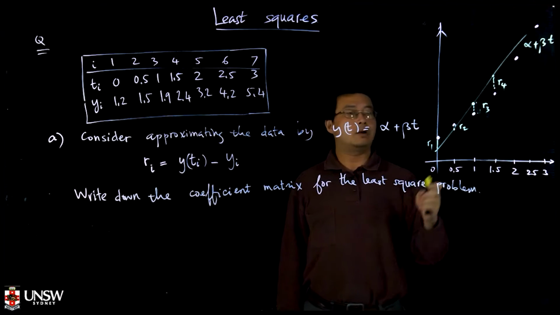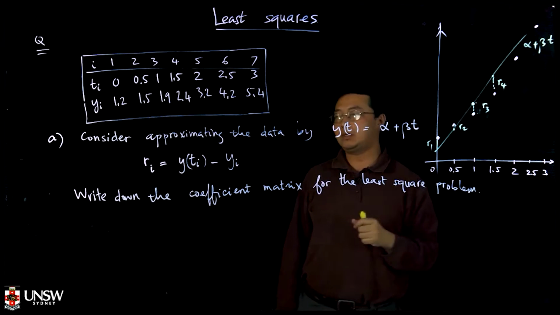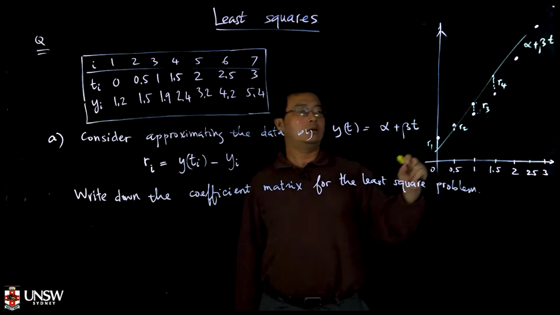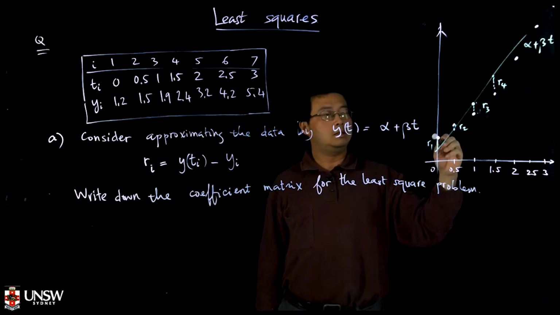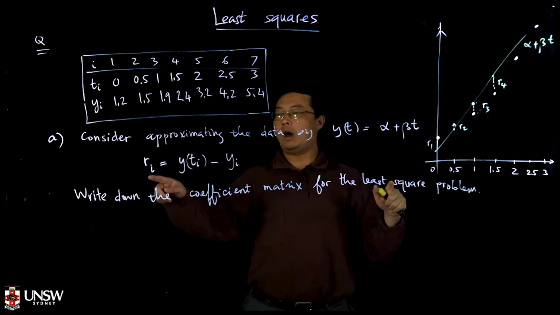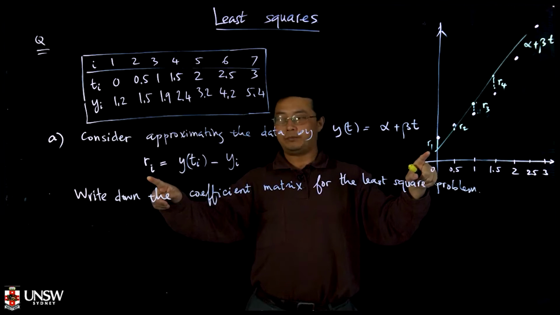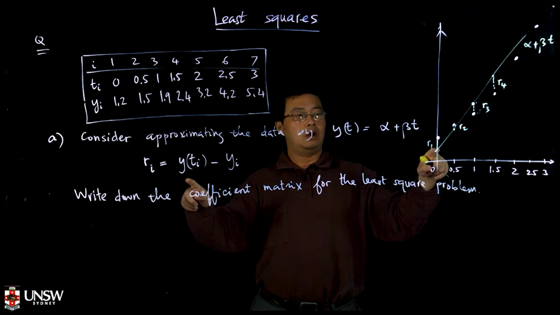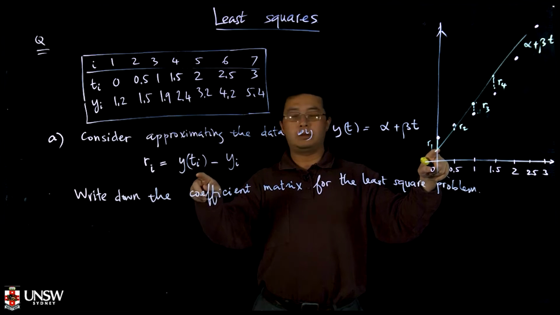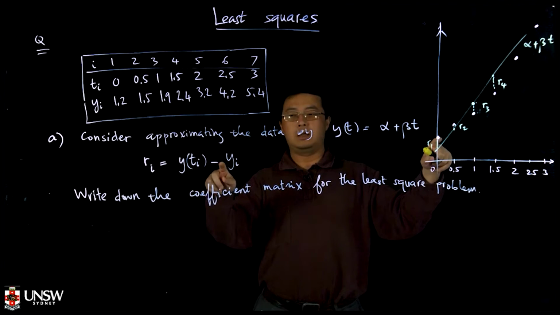In order to find the best approximation, you have to consider the residual. The residual is the difference between the data and the point on the line. So suppose R1 is the value on the line at the point T1 minus the data point.